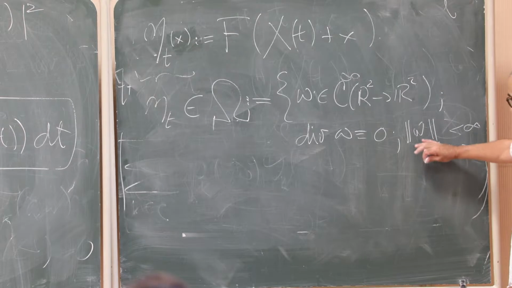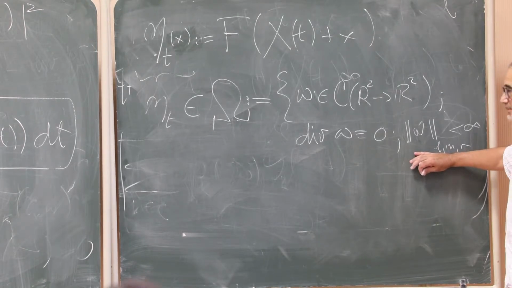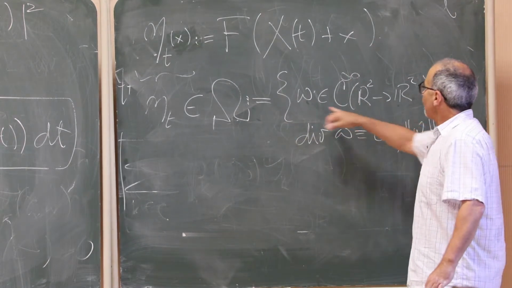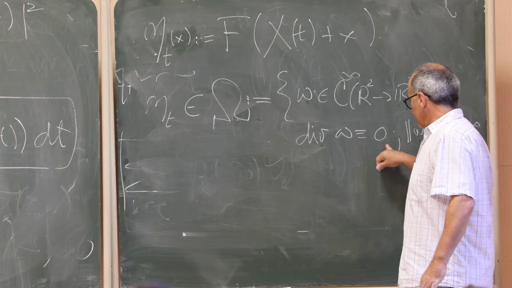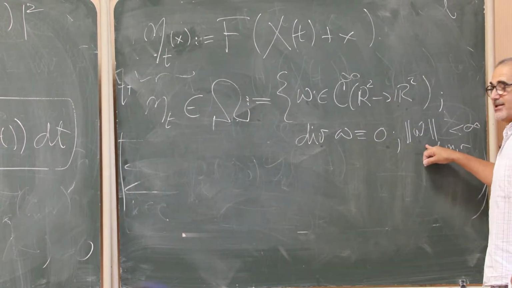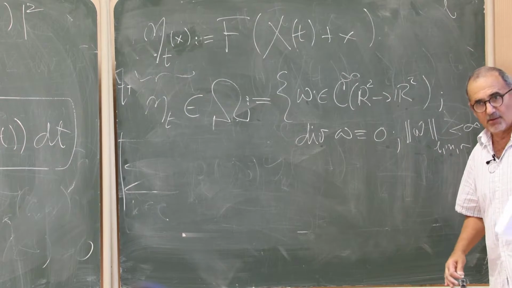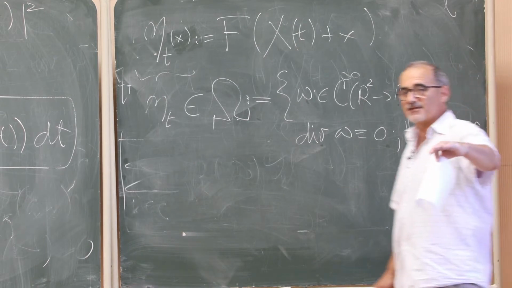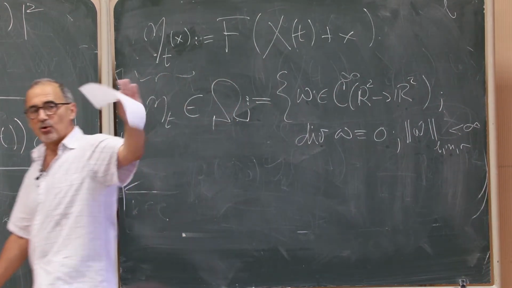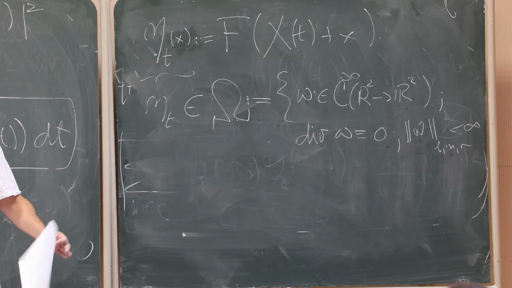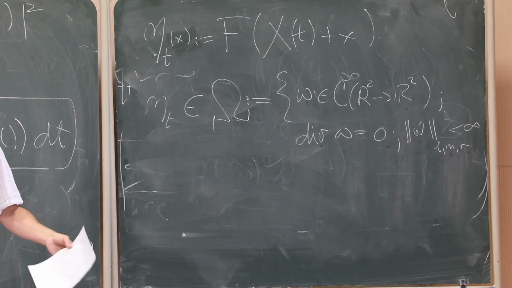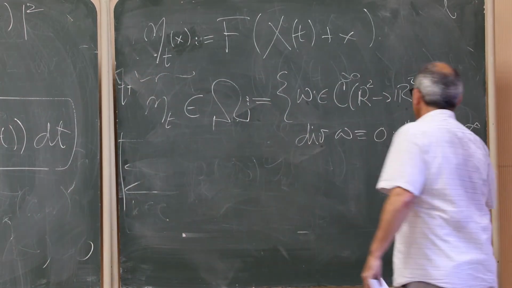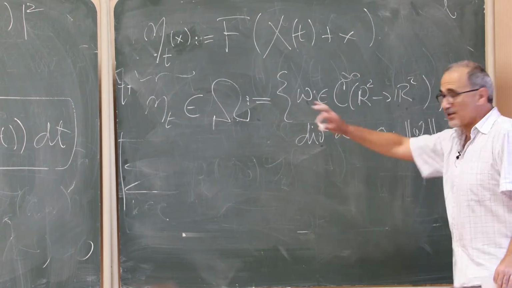I don't spell it out, I just tell you this means that I look at this space which is infinitely differentiable functions which are divergence free and which increase slower than any power of x, whose all partial derivatives increase slower than any power as you go away to infinity. It's an infinite dimensional function space, but it can be metrized. So the topology defined by these semi-norms is a metrizable topology.